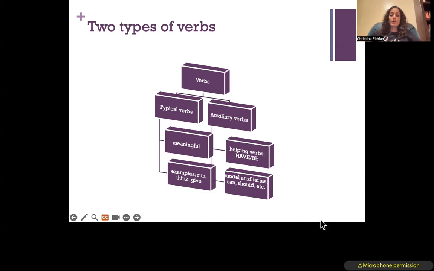Auxiliary verbs can also include modal auxiliaries. These are words like can, should, shall, ought to, things like that. They're also just another type of auxiliary, okay? So you got your typical verb, and you got your auxiliary verb.